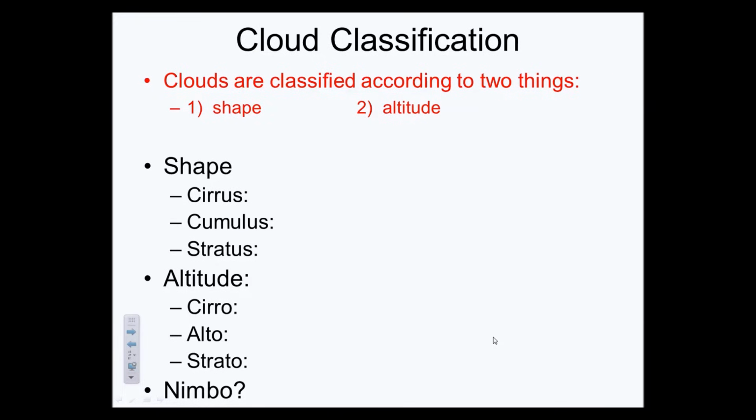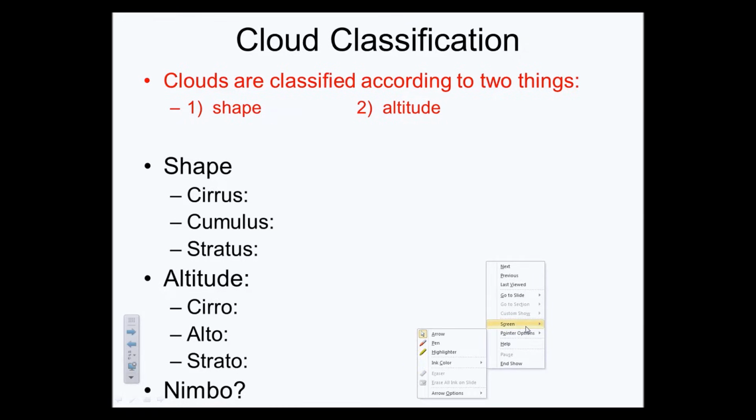So when we're naming clouds, we're naming them or classifying them according to two things: shape and altitude. There are three main shapes, and then there are three main altitudes. When we construct these, we're going to think of this as like the base, and then this is going to be a prefix.